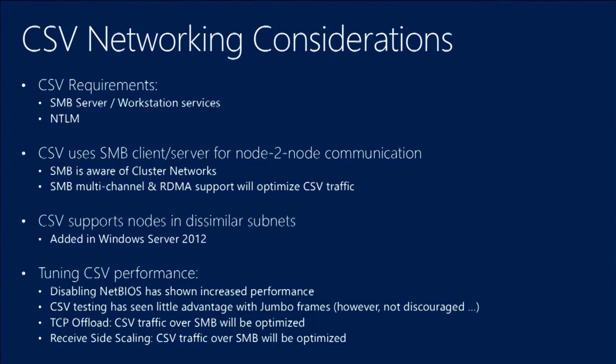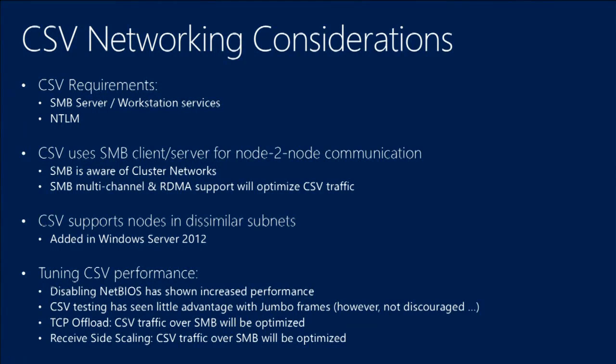In terms of tuning for CSV performance, we have seen disabling NetBIOS actually improve cluster shared volume traffic performance. We have not seen any big advantage of enabling jumbo frames, but it's not exactly discouraged.